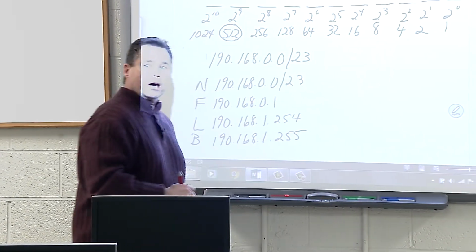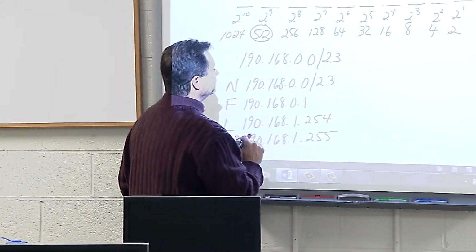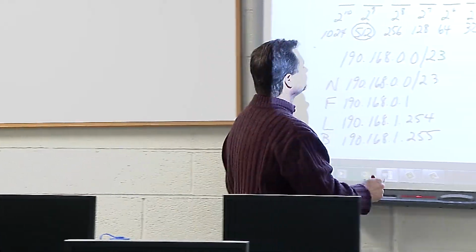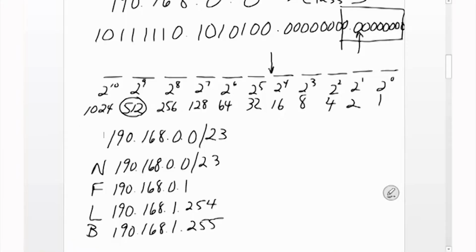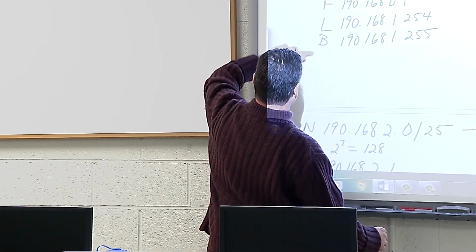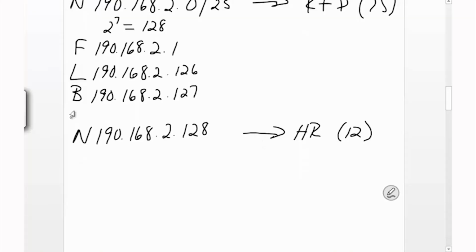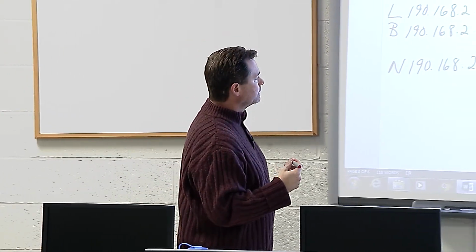2 to the third is not enough. That only gives me 8. I need 12, so it's going to be 2 to the fourth. So I'm going to stop right there, and I'm going to use those 5 bits. That's going to give me a /28. 2 to the fourth equals 16, so it's going to give me the 12 hosts that I need.